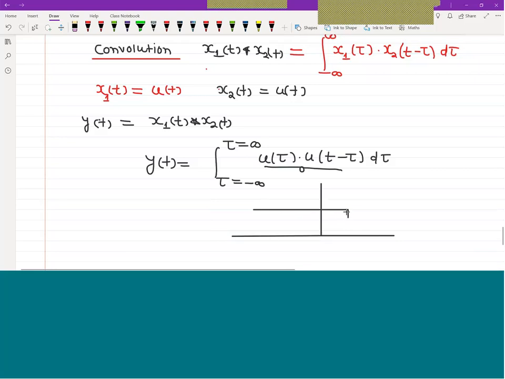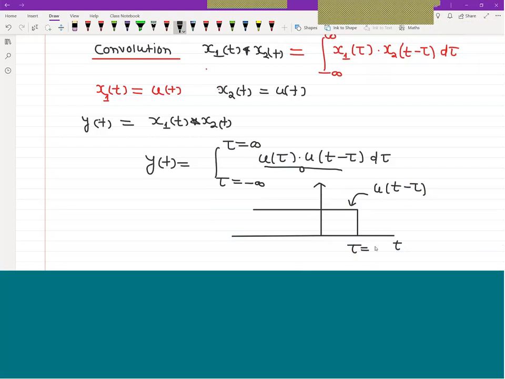This is the tau axis, and this function is u(t minus tau), और ये लिमिट कितनी होगी?